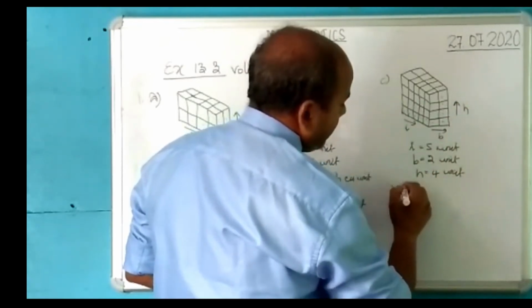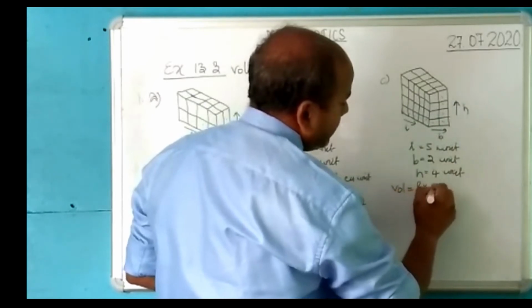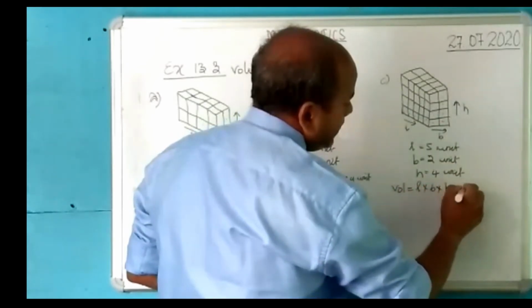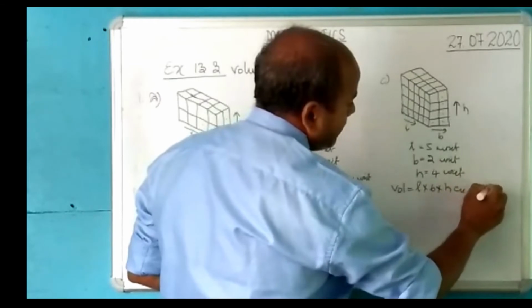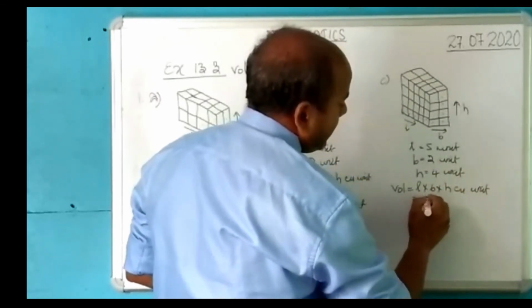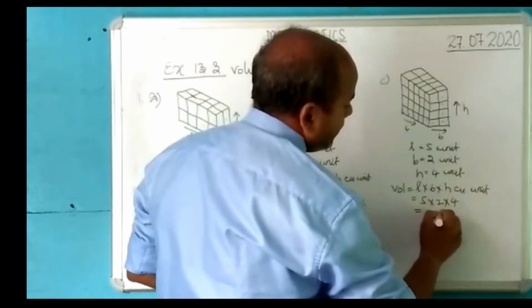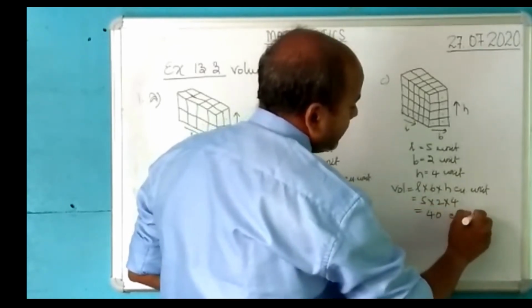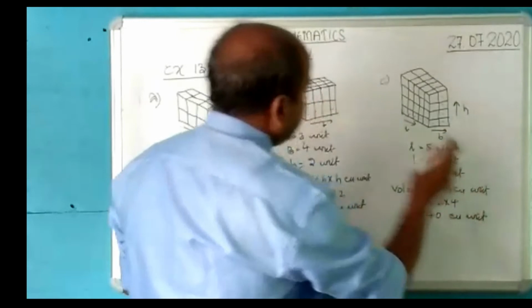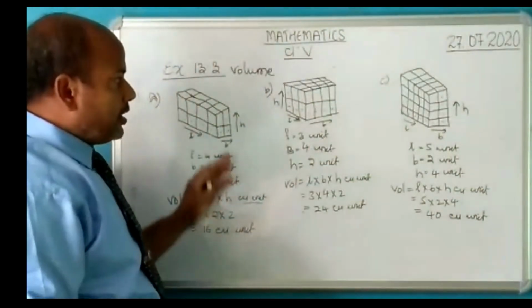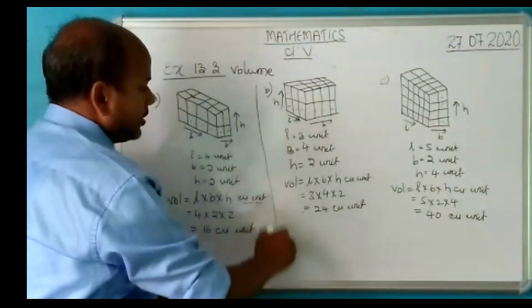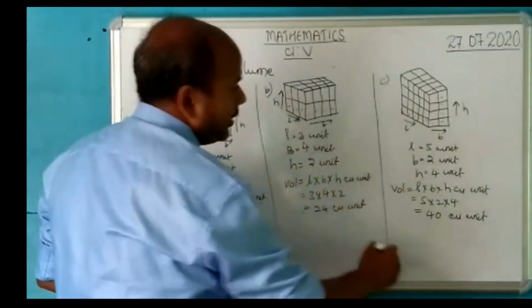Therefore, volume is equal to length into breadth into height cubic unit. So 5 into 2 into 4 is equal to 40 cubic unit. So for the given geometrical figures, this is how you can calculate the volume.